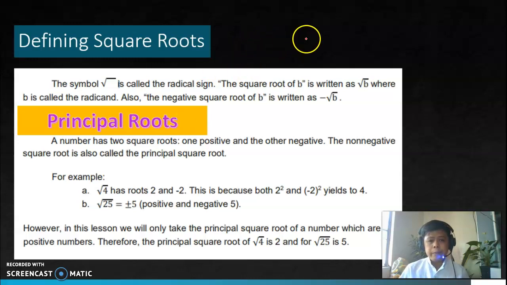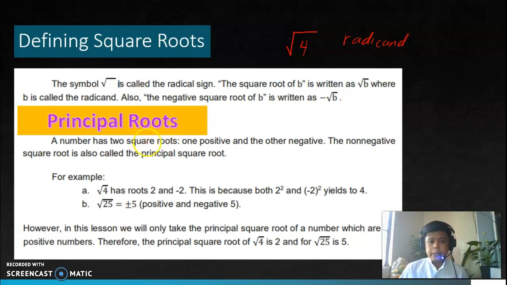So, dito, ang tawag sa symbol na to ay radical sign. Tapos, yung number sa loob, say for example, 4, yung 4 naman dito is called the radicand. Ito yung radical sign.